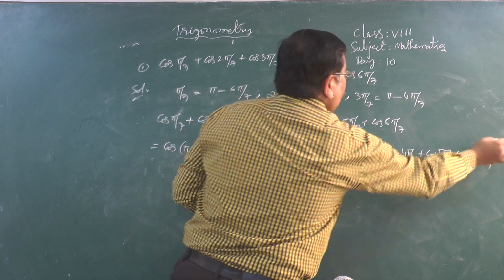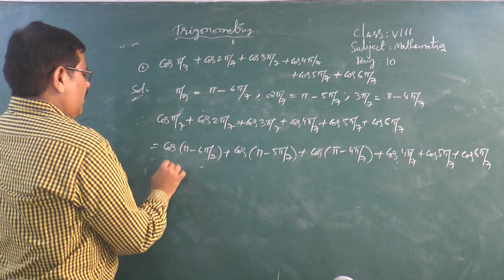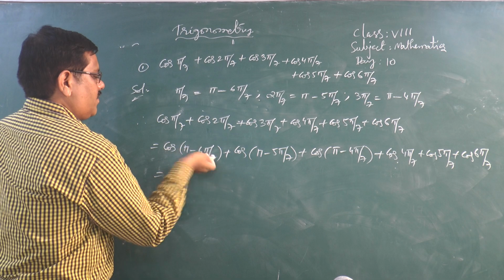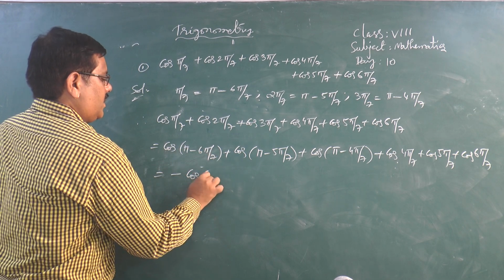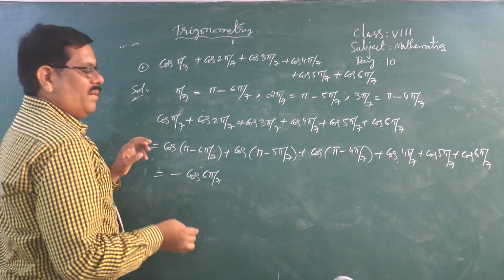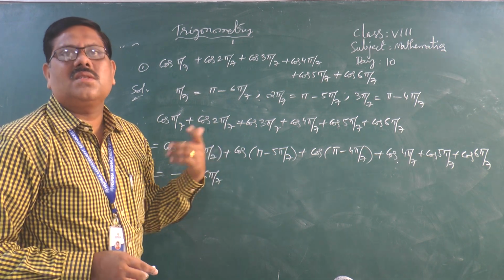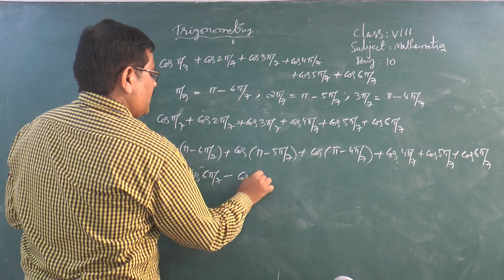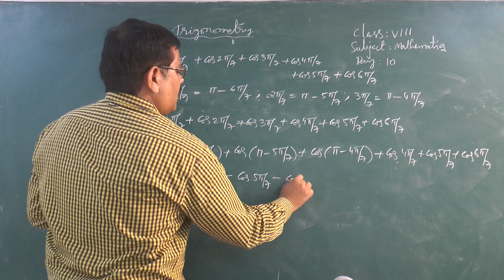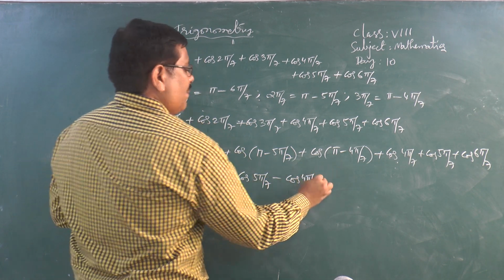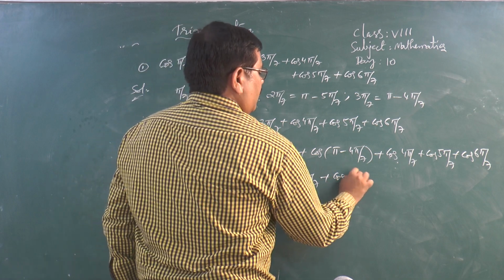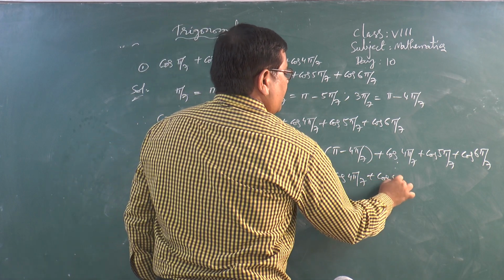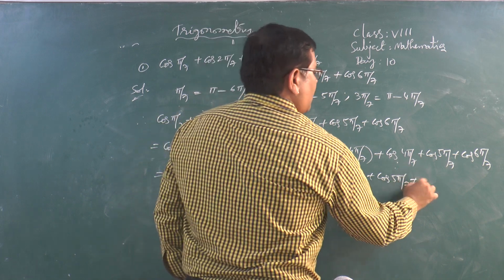That's fine. That is going to be cos 180 minus theta. Cos 180 minus theta is minus cos theta, of course, minus cos 6 pi by 7, because 180 minus theta is in the second quadrant, where cos is not positive, so it is a minus sign, plus minus cos 5 pi by 7 minus cos 4 pi by 7 plus cos 4 pi by 7 plus cos 5 pi by 7 plus cos 6 pi by 7.